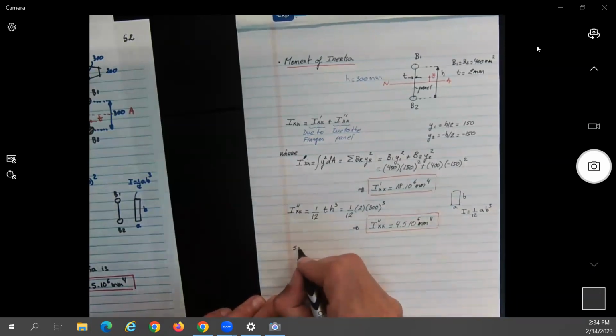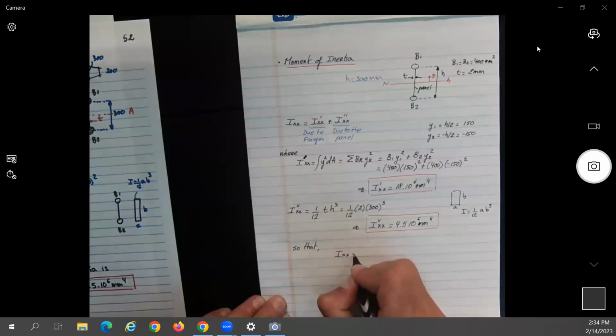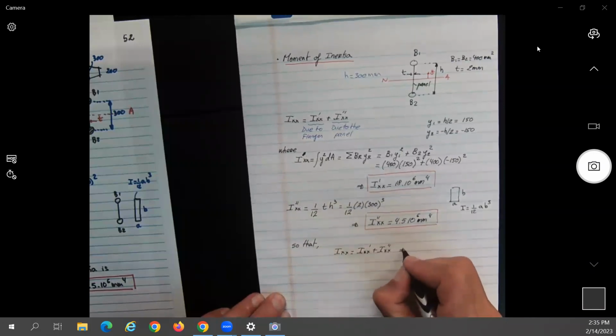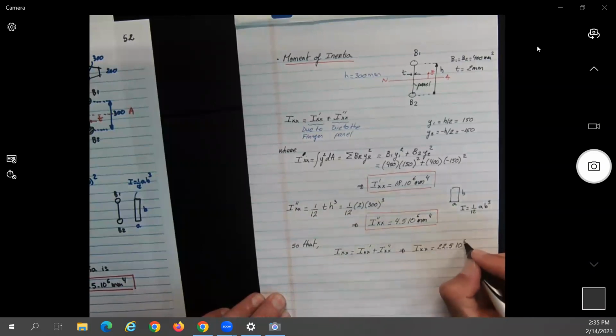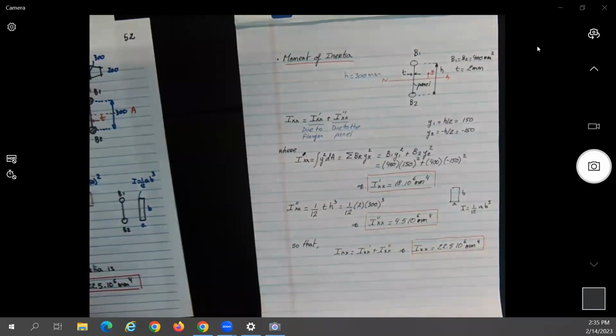Okay, so the total moment of inertia would be equal to 22.5 times 10 to the 6 millimeters to the 4th.